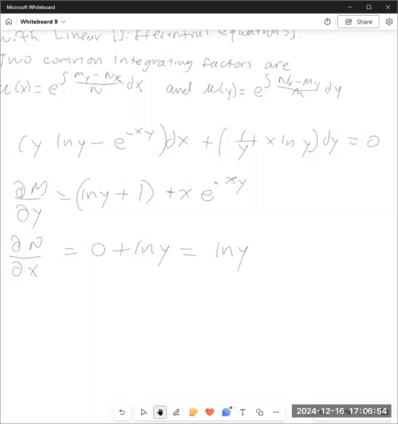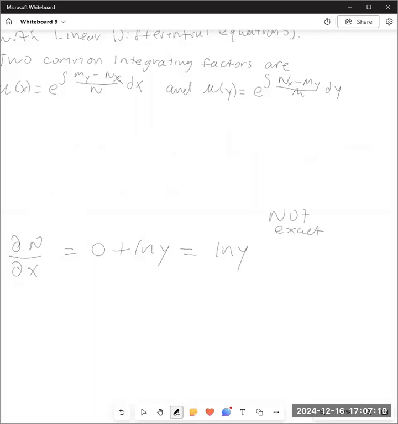So this one is not exact either. So you can have some fun again trying to make that exact if you would like to, but don't worry about that until the instructions in the assignment tell you to try to make something exact using an integrating factor.